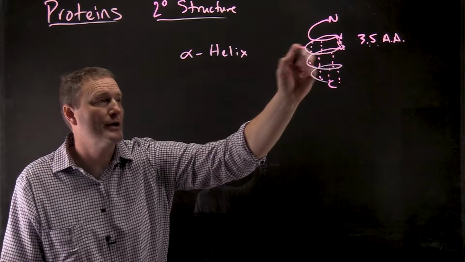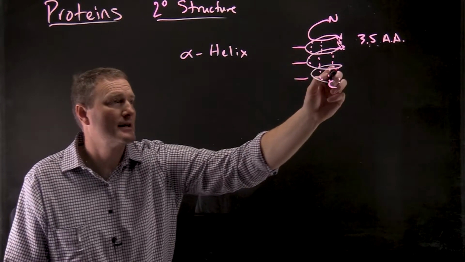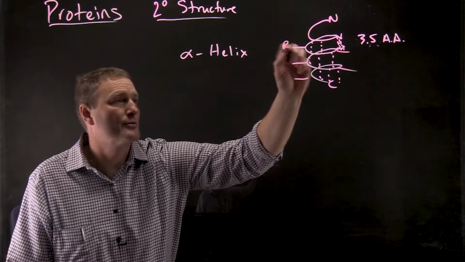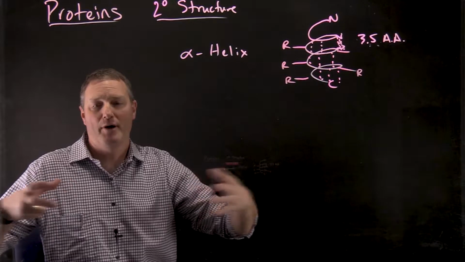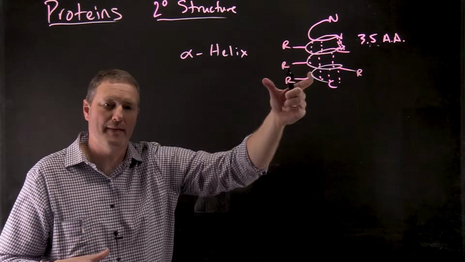One other thing I'll note here: the side chains, the R groups coming off each different amino acid, radiate out away from the central axis of the helix.